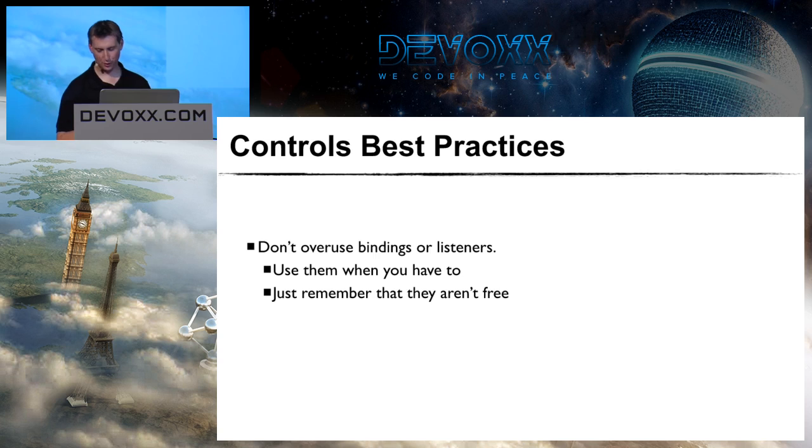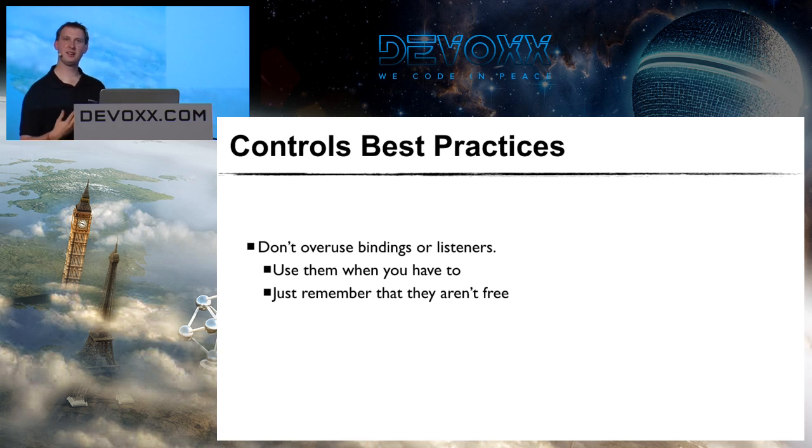Some people post blog posts about how they've discovered the wonders of bindings and listeners and how their controls will be forever different because they're using them. I've never used a binding inside my controls. The way I always think about it is there's a cost to these things. You're asking to be informed when something happens.